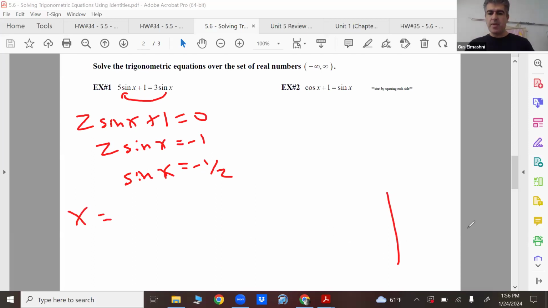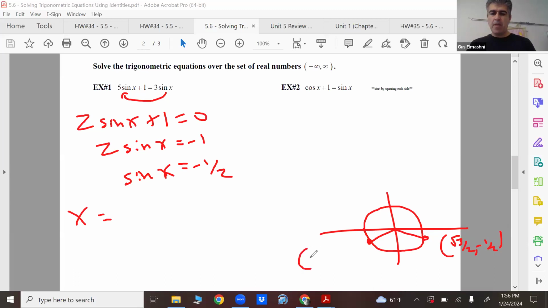Now think about the unit circle. I'm going to do a makeshift unit circle right here. Where is y going to be negative half on the unit circle? First of all, in which quadrants is y negative? Choose 1, 2, 3, or 4, or a combination. 3 and 4, thank you, Liam. So it's going to be over here and here, where you have root 3 over 2, comma negative half, and negative root 3 over 2, comma negative half.